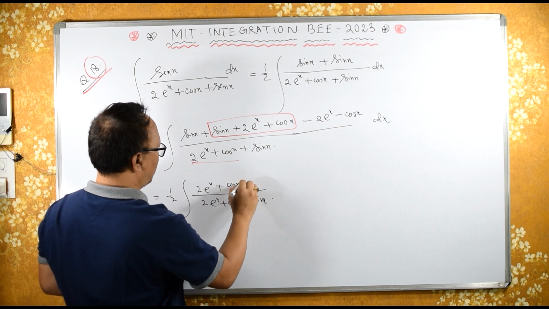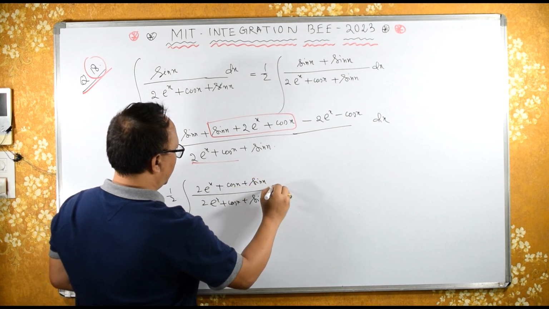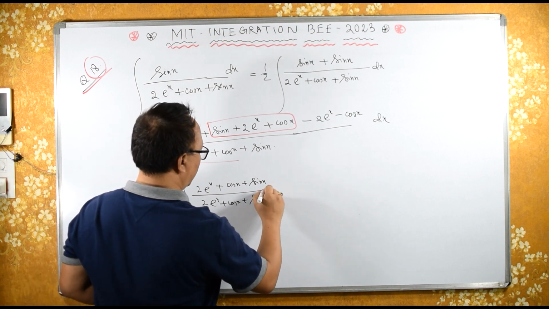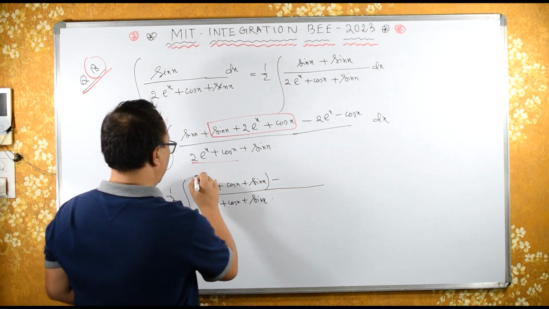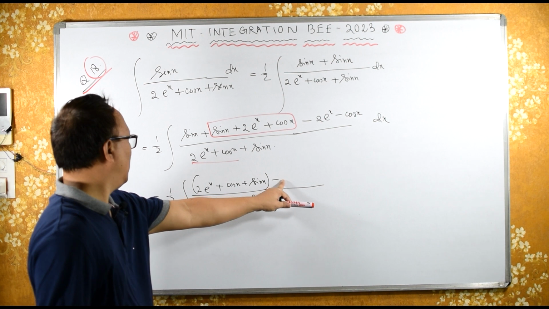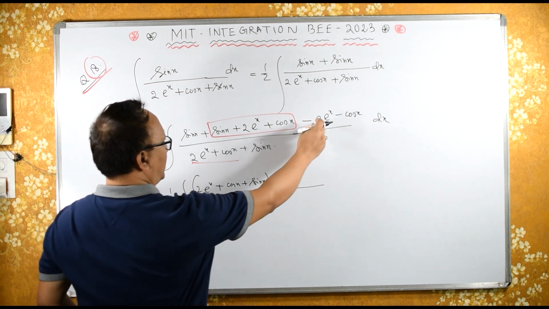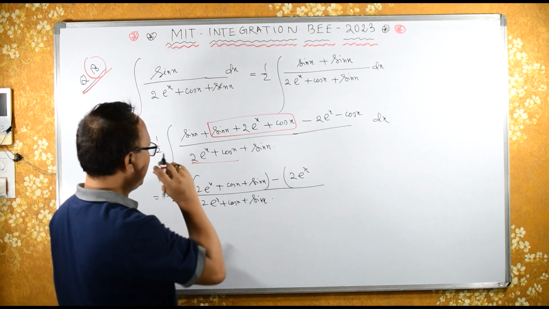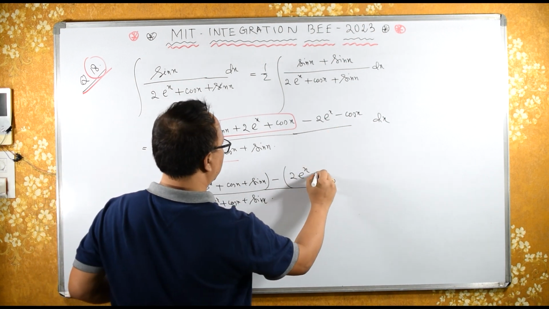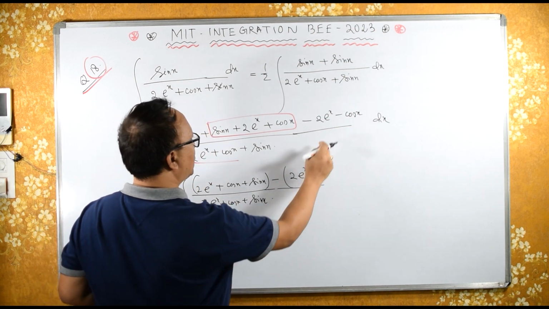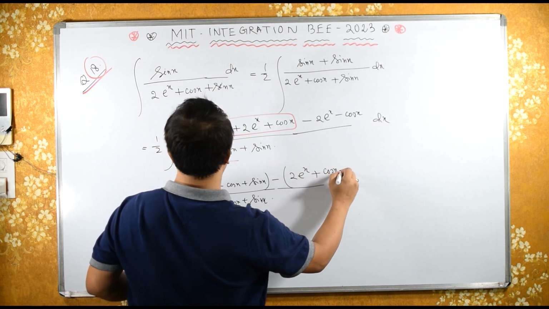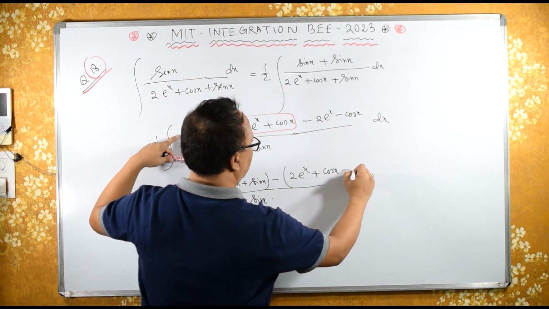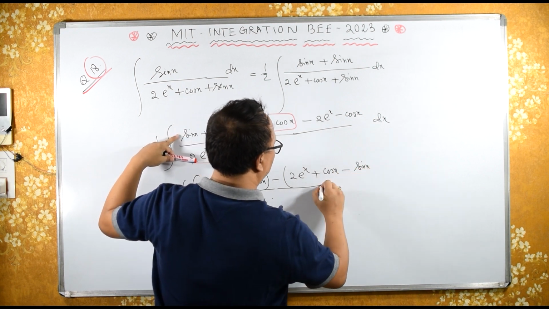cos x plus sin x, minus. I'm taking minus common. So this 2 e raised to x here, and then minus cos x here, plus sin x.